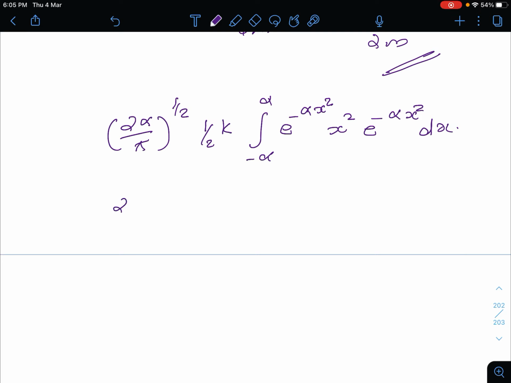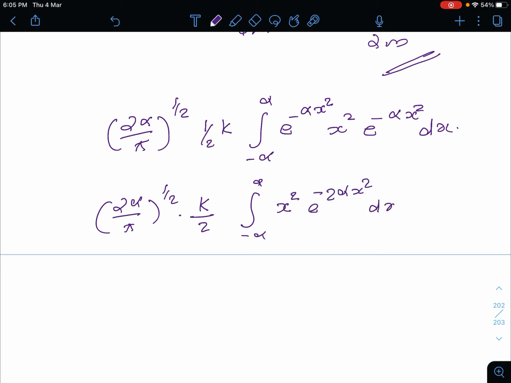So this I can write as 2 alpha by pi all raised to half into k by 2 integral minus infinity to plus infinity x square e raised to minus 2 alpha x square dx.